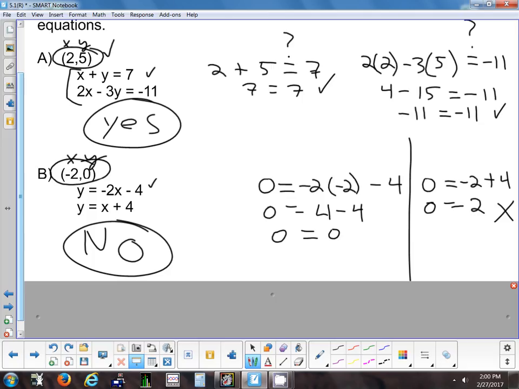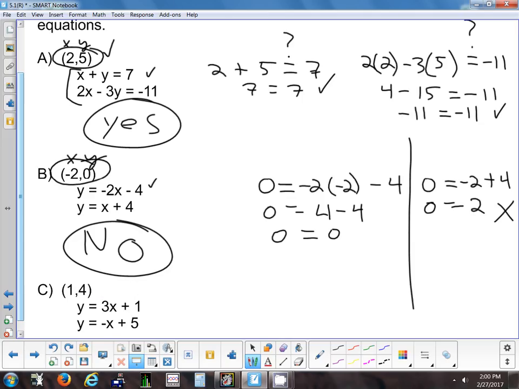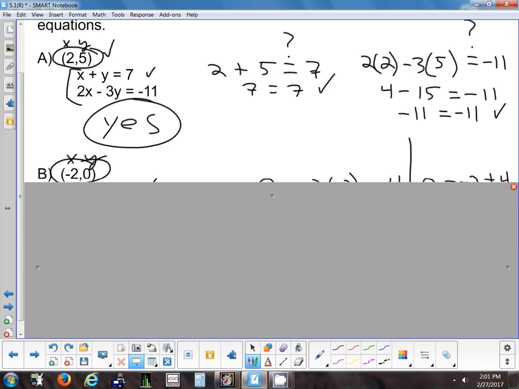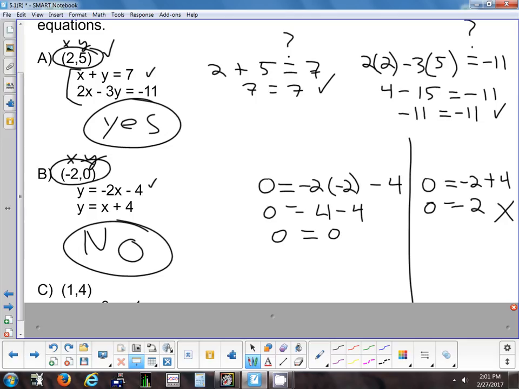Okay, and if that happened when you graphed it, you checked it and it didn't work, then that would mean you made a mistake graphing. Actually, let me ask you something first. If we check a solution and it doesn't work in an equation, let's say the first one, do we have to check the second one?